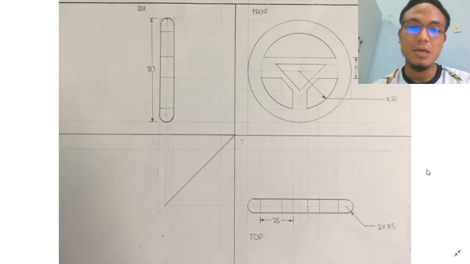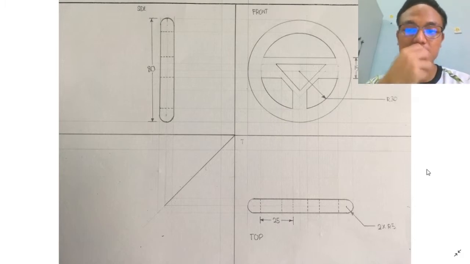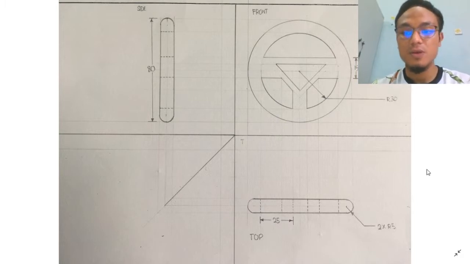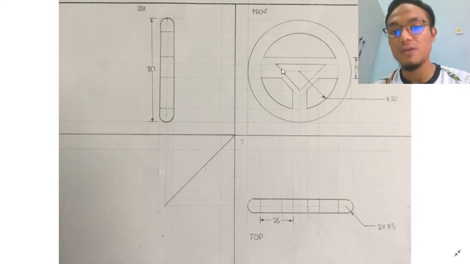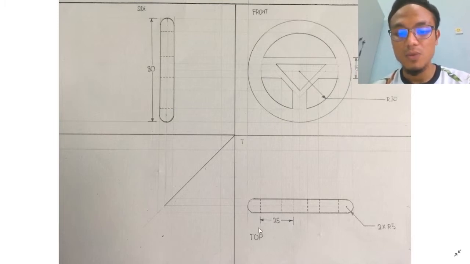The height of our steering is 80 mm, the radius of our center is 30, and the thickness of the center bar is 15 mm. And this is the top view.